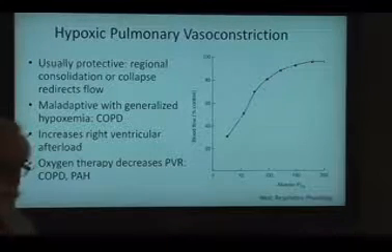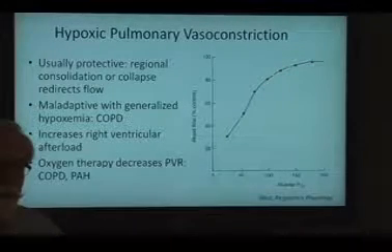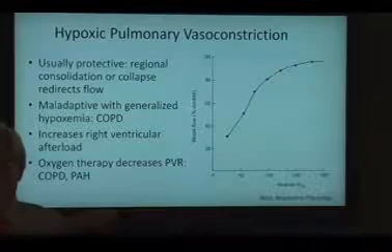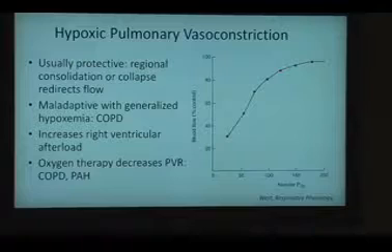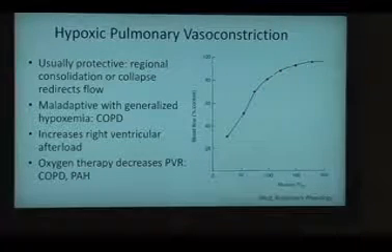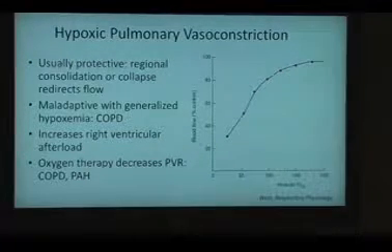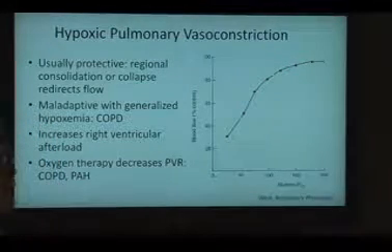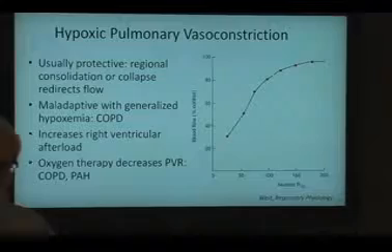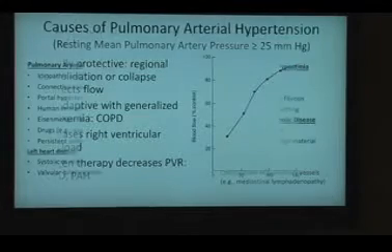Because if we can increase their PO2 from 55 to 70, then there will be less of this effect. So oxygen therapy decreases pulmonary vascular resistance, and that's part of the reason why patients with COPD and pulmonary arterial hypertension receive oxygen therapy.